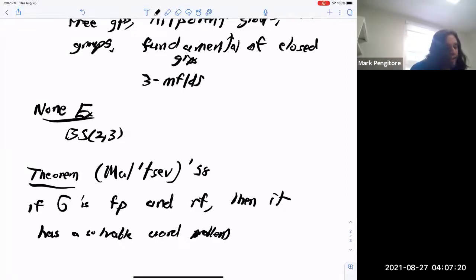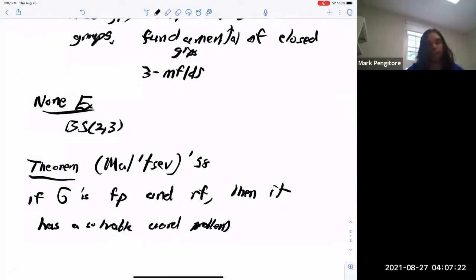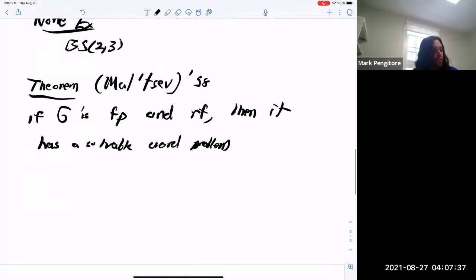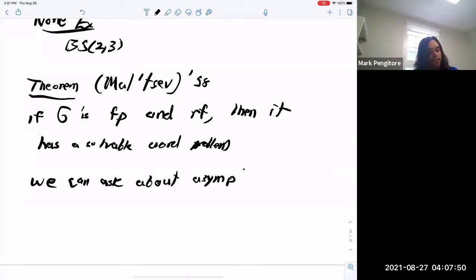Now the thing is that once you have a collection of groups where every member of this collection is residually finite, and let's assume your collection of groups is finitely presented, how can you use residual finiteness to actually distinguish our groups? So what we can do is ask about the asymptotic behavior of our solution.